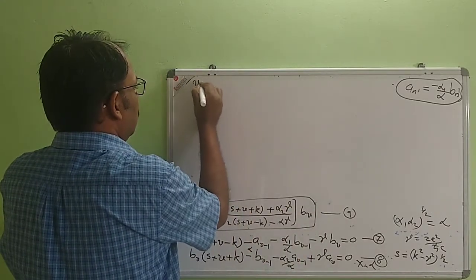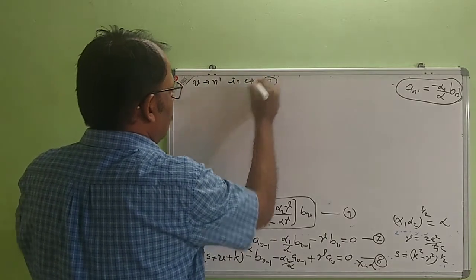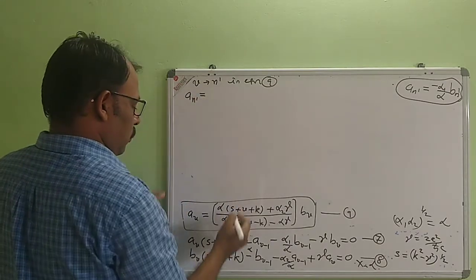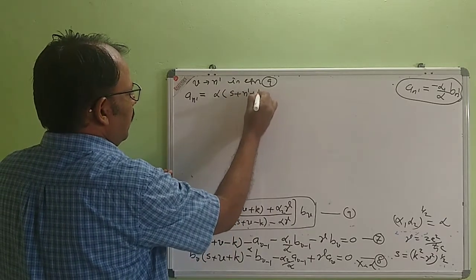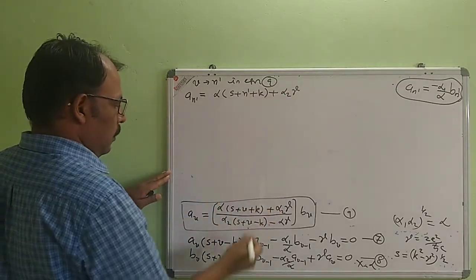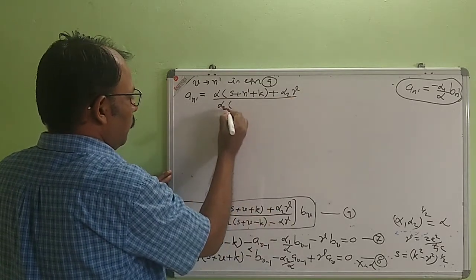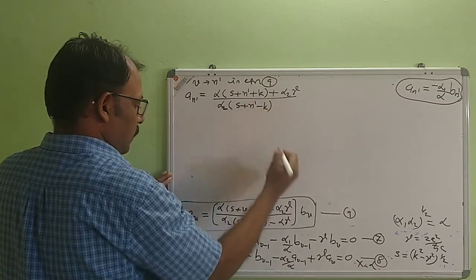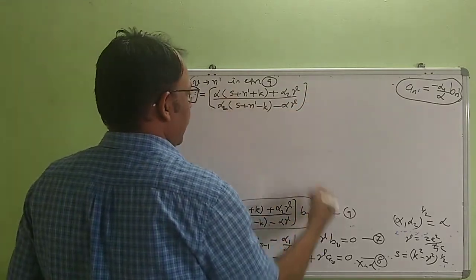So replacing v by n prime in equation 9, we get a n prime equal to alpha s plus n prime plus k plus alpha 2 gamma divided by alpha 2 s plus n prime minus k minus alpha gamma into b n prime.